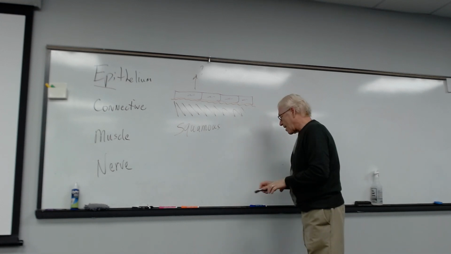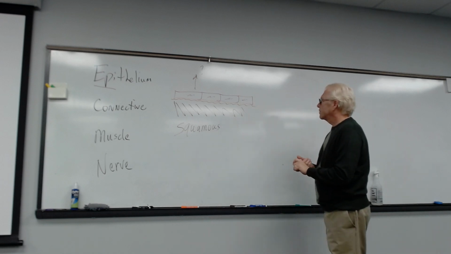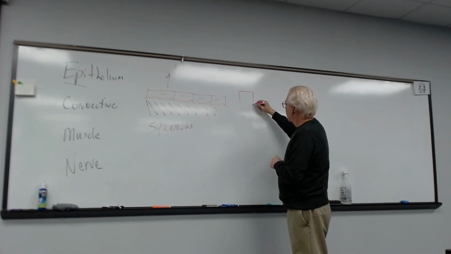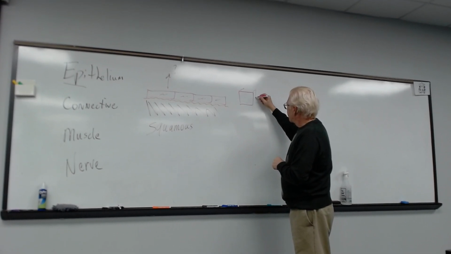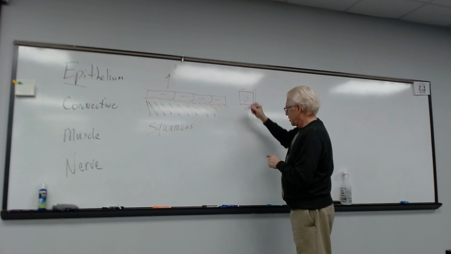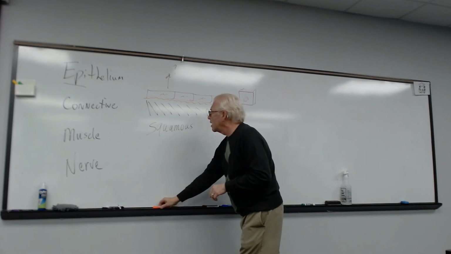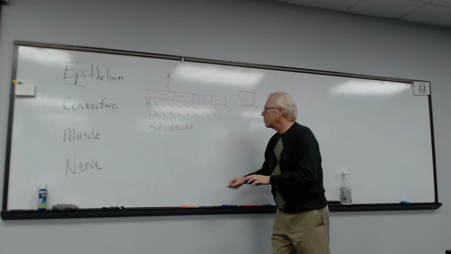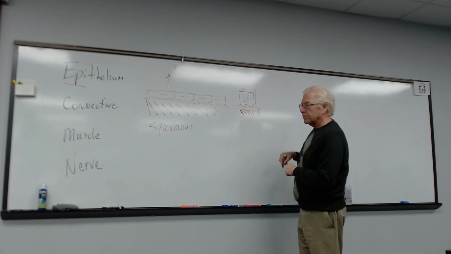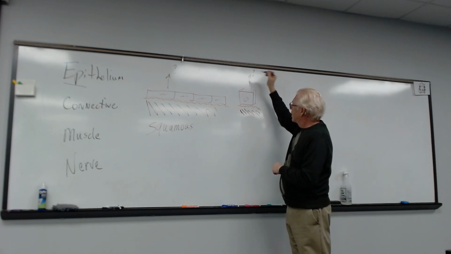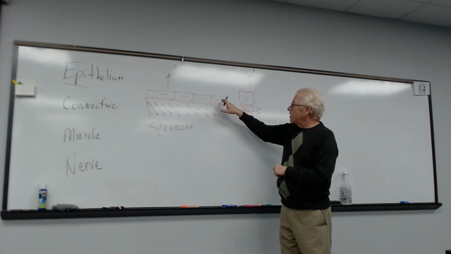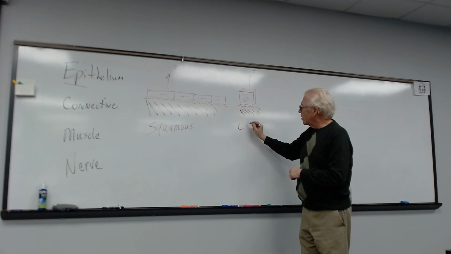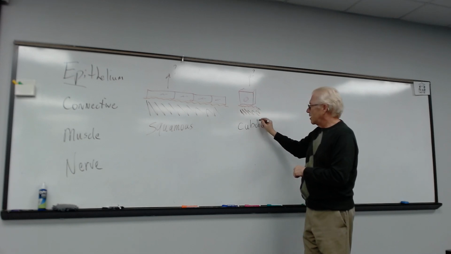Okay. Now, we have another kind of cell, and that cell is not flat, but more cube-shaped. It, too, is attached to a basal membrane, a bunch of connective tissue, but what's above it? Nothing. But notice, these are flat, squamous. These are square. These are the cuboid cells.